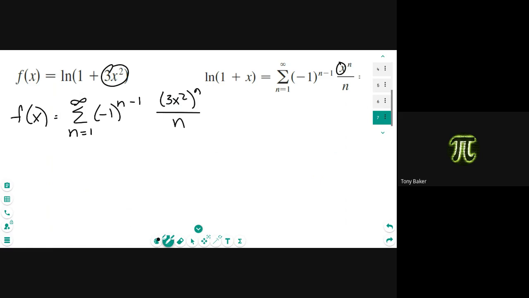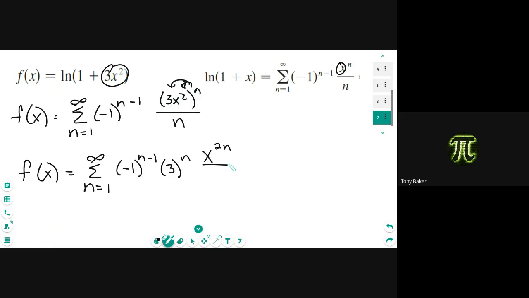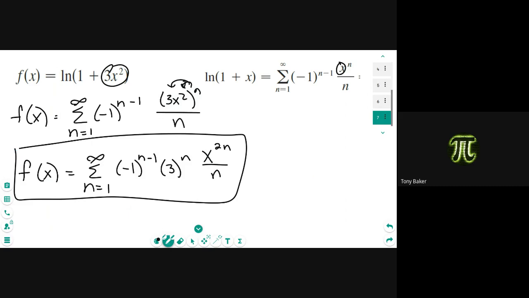So we can distribute out the n to both things so we can get the 3 out by itself. And that's what you get. So basically, any function that I have that I can somehow make into one of those Maclaurin series that we have, I can now do.